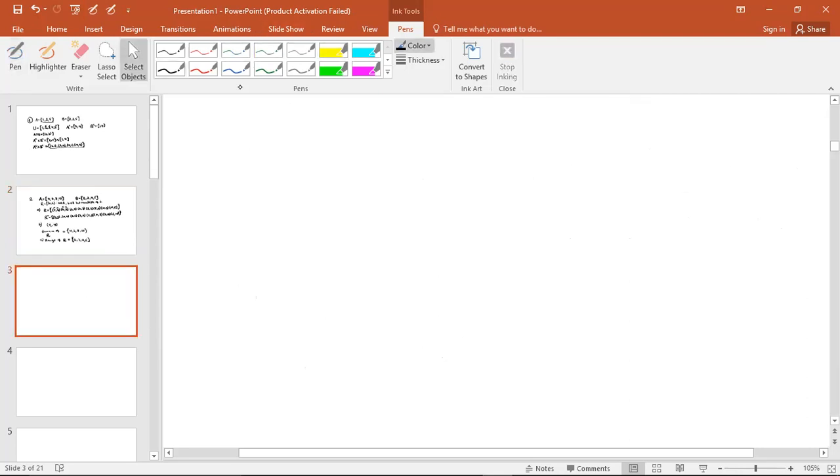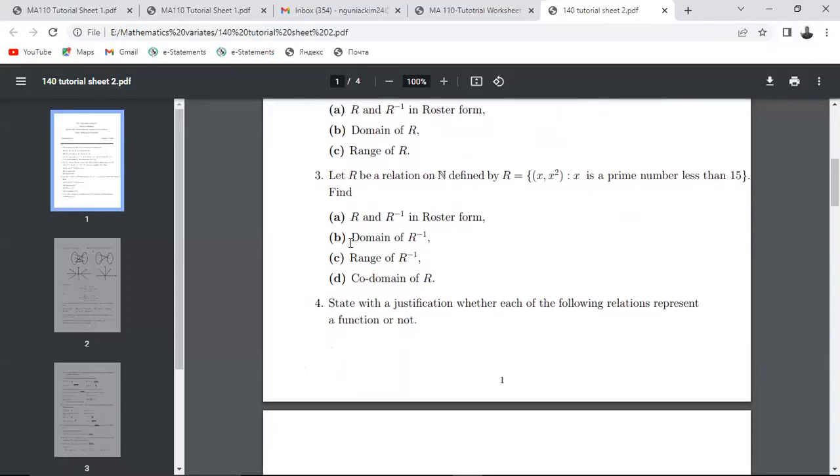Then we will look at the third question. Let R be a relation on natural numbers defined by x. We all know, first of all, that natural numbers are counting numbers.